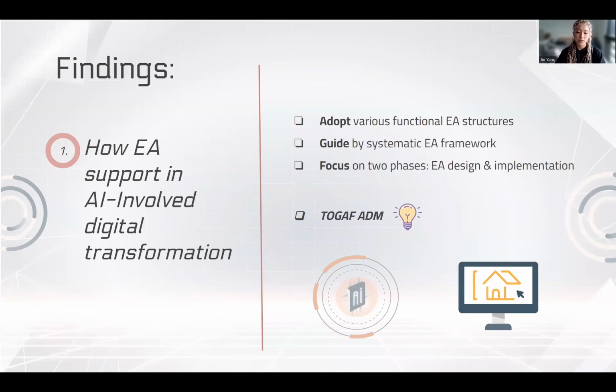The first one indicates that various functional architecture structures can be built into the organization as stated, and a systematic EA framework can guide relevant digital transformation deployment.